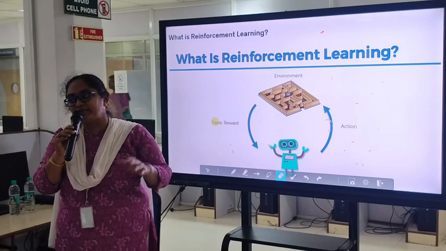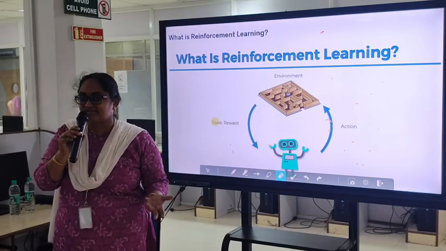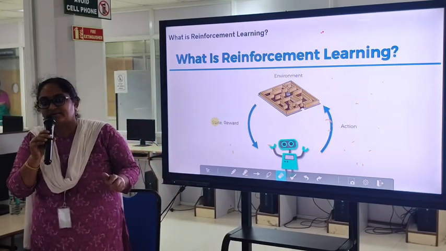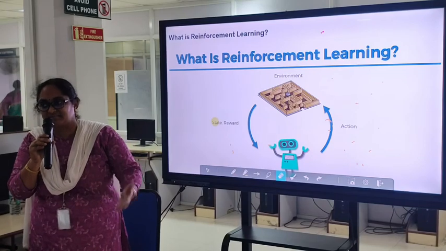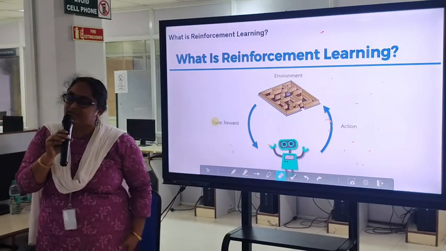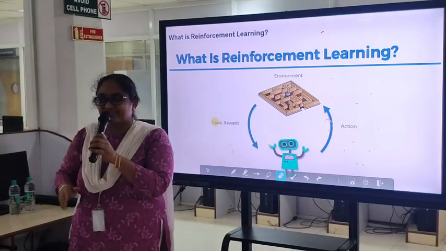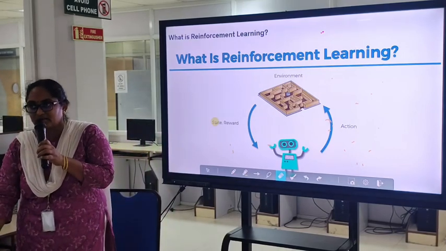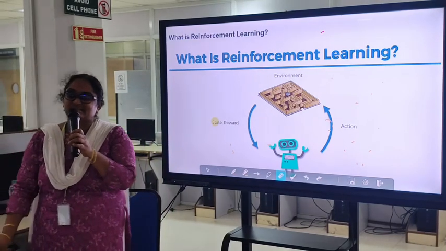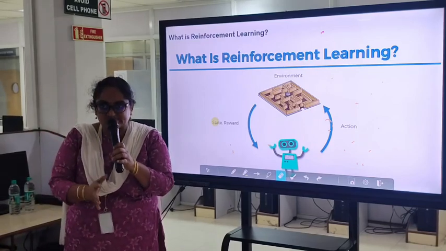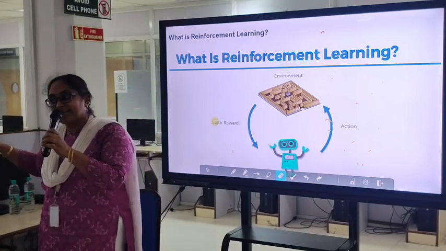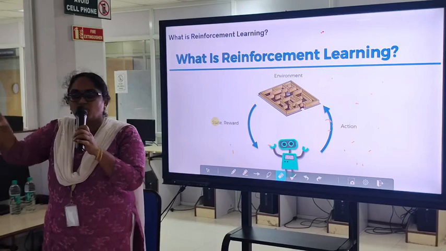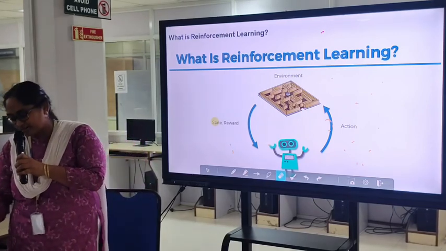For every action that it takes, it might be rewarded or it might be penalized. If it is rewarded, it will try to repeat the same action going forward. If it is penalized, it will adjust itself, correct its course, and go back to what it is supposed to do. So there is a source state and a required target state that we need to reach. These are all the things that are there in reinforcement learning.